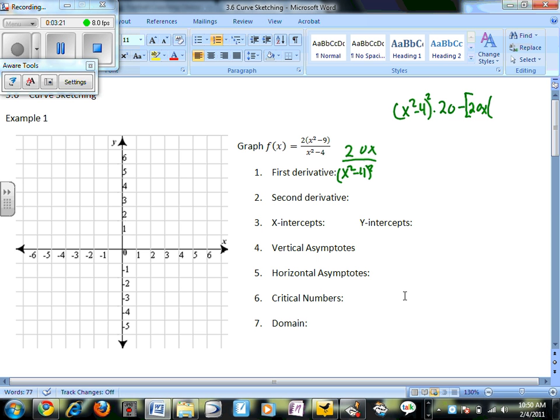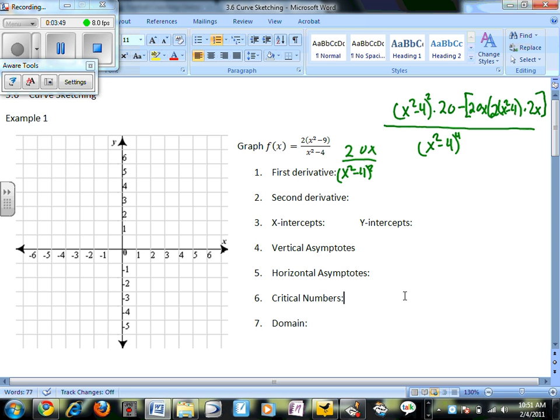So we bring a 2 down, keep the middle, x squared minus 4, decrease my power by 1, so x squared minus 4 to the first power, and then we take it times the derivative of the inside, so times 2x. Then we're going to have x squared minus 4 squared squared, so it's going to be to the 4th power, because we have to square the bottom in the quotient rule.